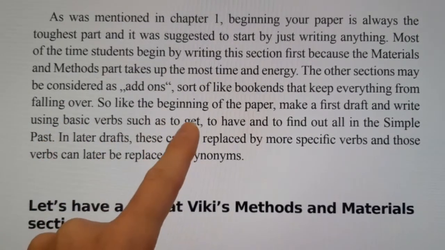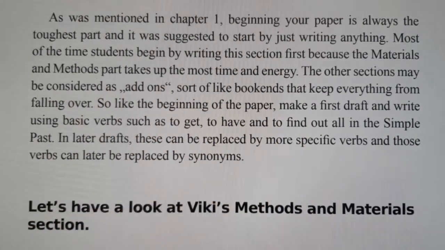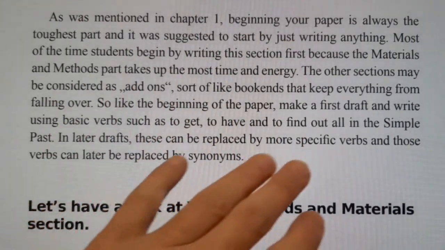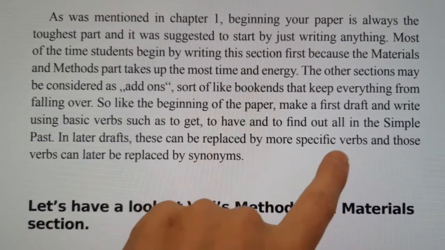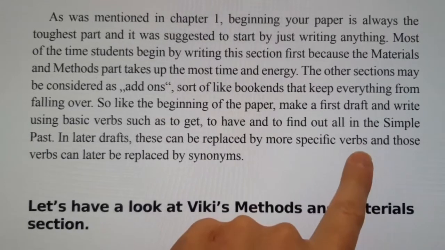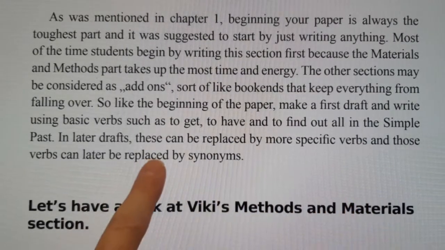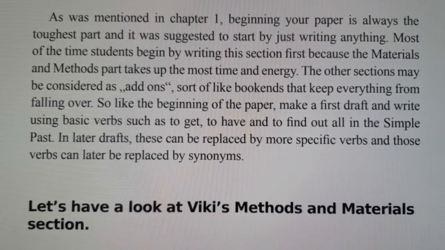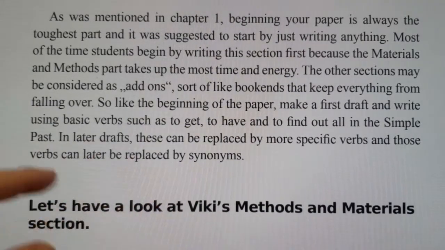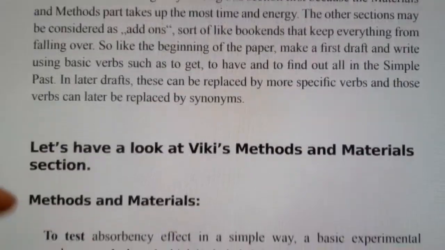You know, so we got, or we had, or we found out, all right? You can replace them later when you do the edit with specific verbs, okay? Be careful about the jargon, okay? The terminology and so on. And of course, you need to use synonyms, which are extremely important. You don't want to have this repetitive language.